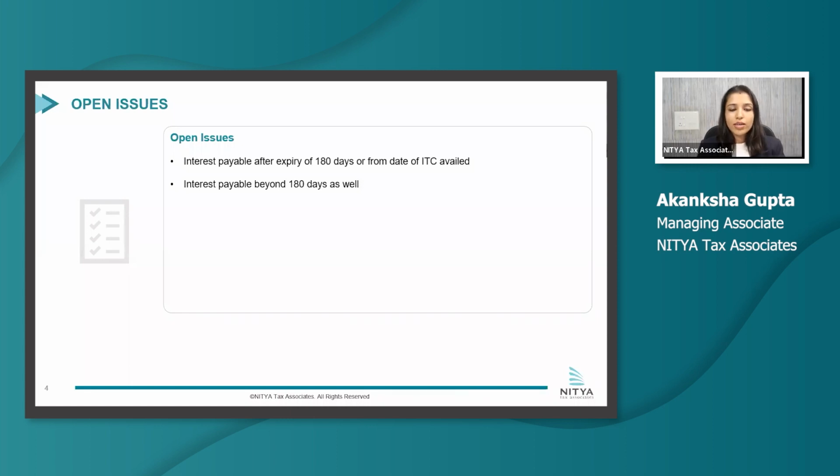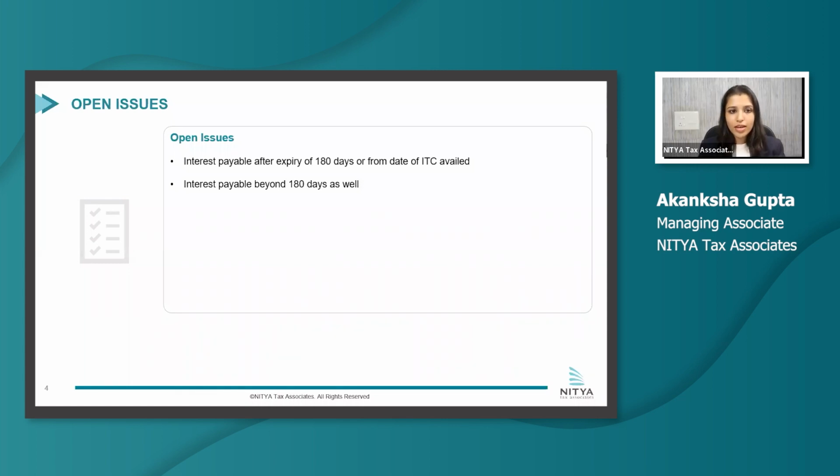Also, in the amended Rule 37, there has been an amendment which states that an amount equivalent to the ITC availed has to be paid, which means that it talks about the amount which is payable. It doesn't say that the ITC availed has to be paid as an output tax liability. Section 50, subsection 3, is applicable in cases where the ITC has been wrongly availed and utilized.